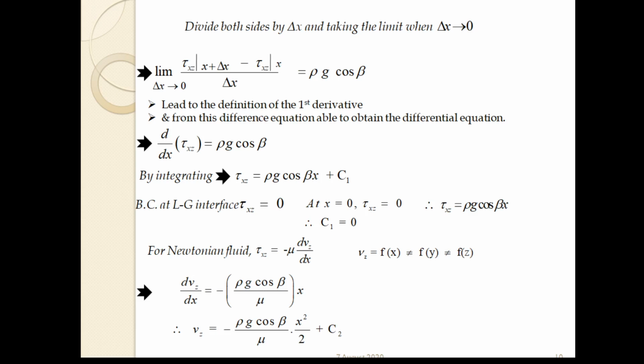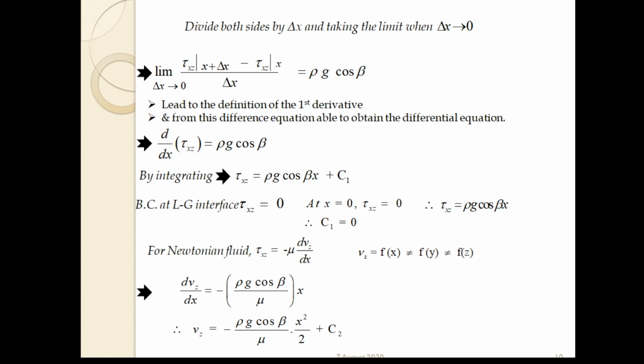This is also another integral constant, which we need to find by using the other boundary condition, the no slip condition at the solid liquid interface.